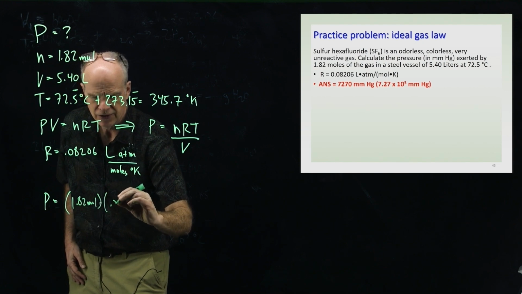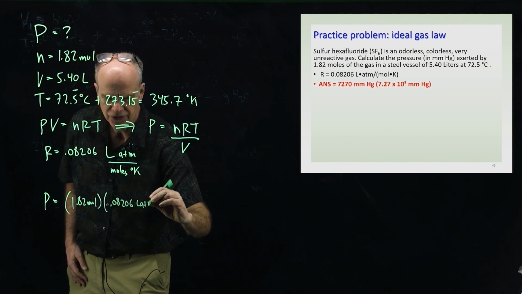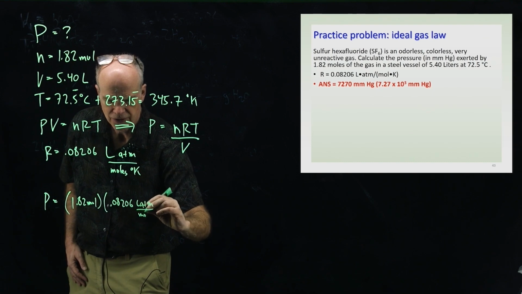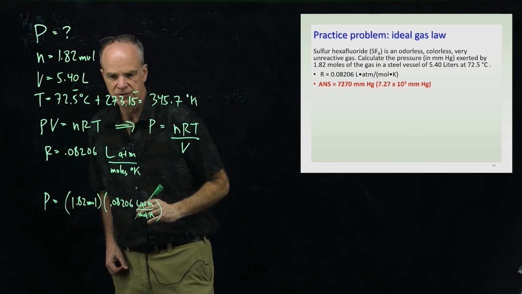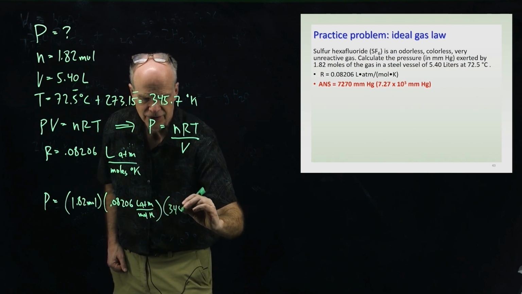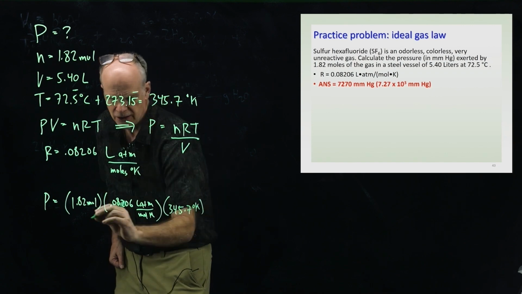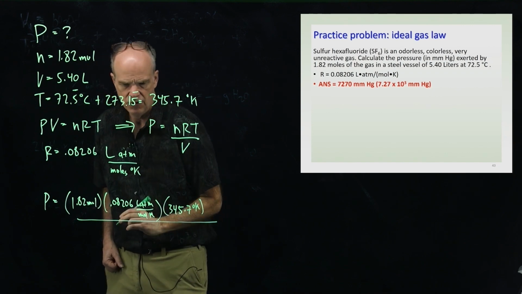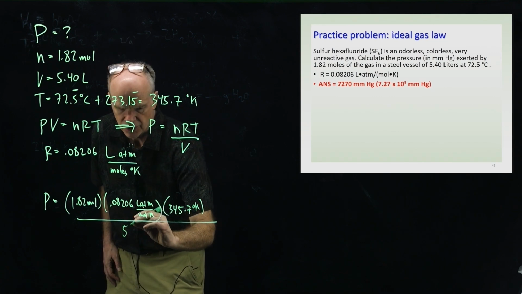R is 0.08206 liters atmospheres over moles degrees Kelvin. T is 345.7 degrees Kelvin. And finally, volume is 5.40 liters.